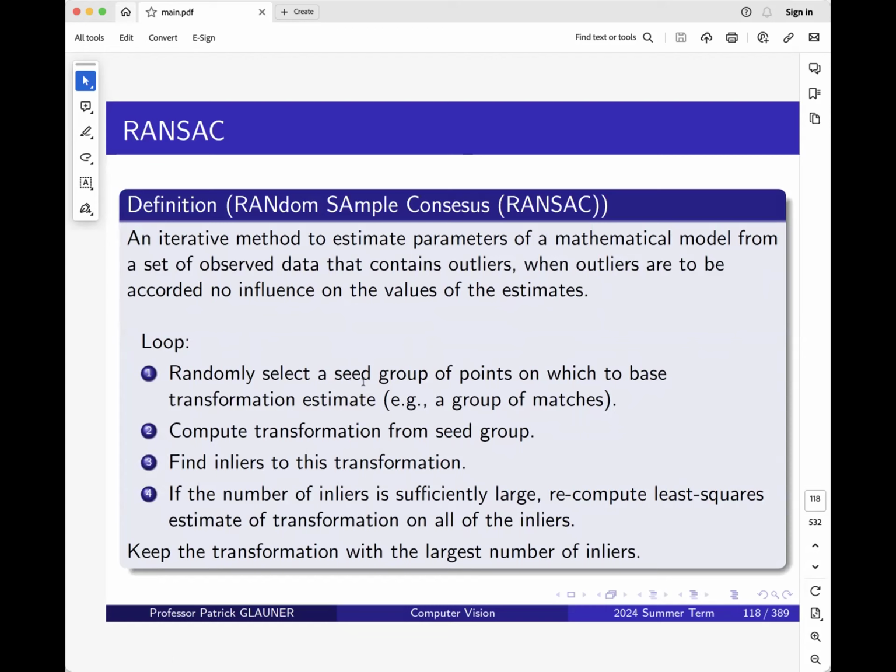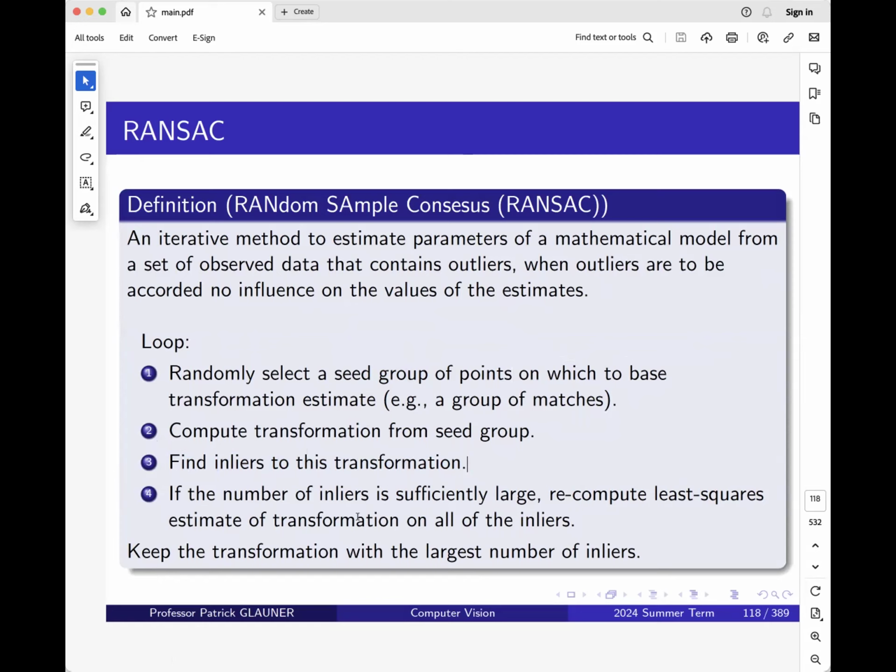I will randomly select a so-called seed group of points. We have seen the seed group, which were those 2, for example, for a line. I would compute my transformation from a seed group. The transformation here would be a straight line. I would look at how many inliers there are for this transformation.